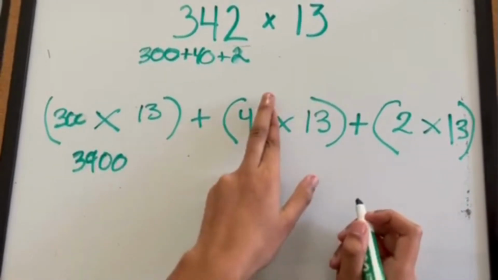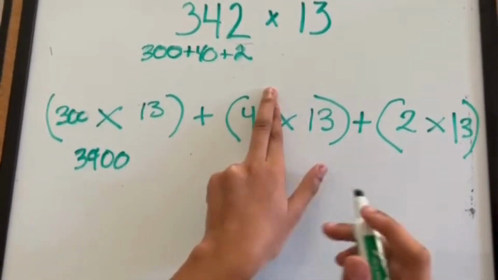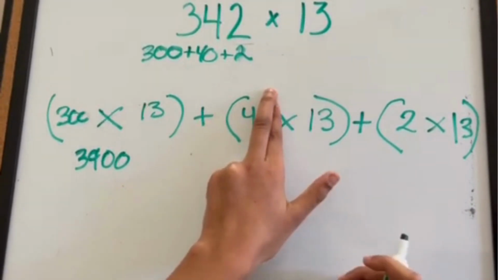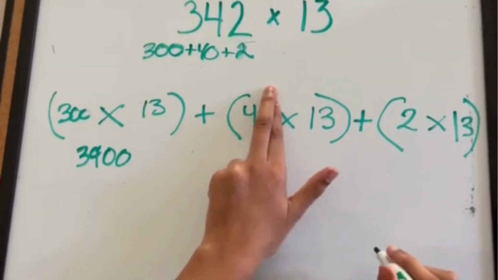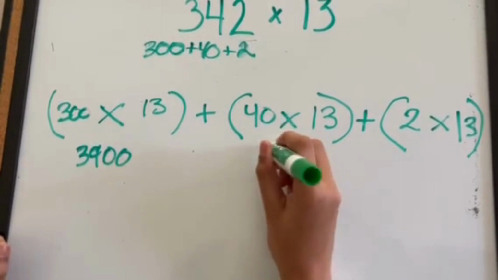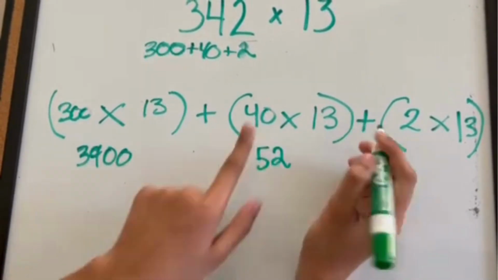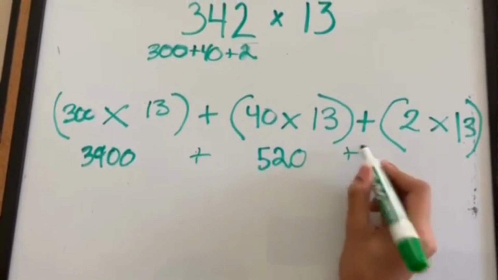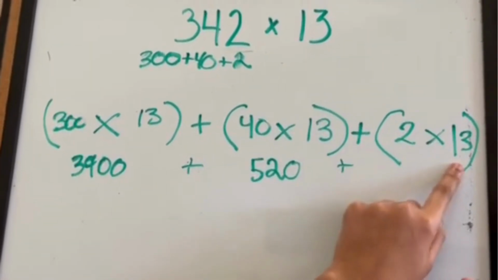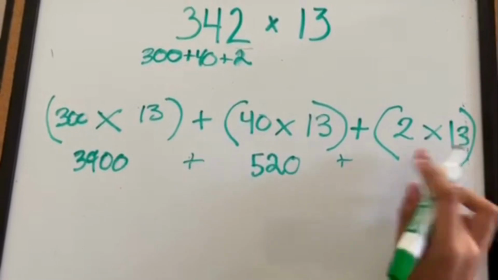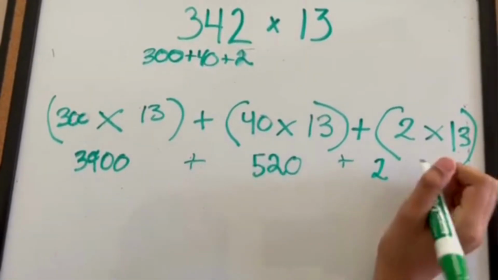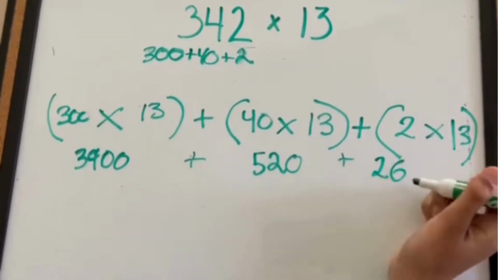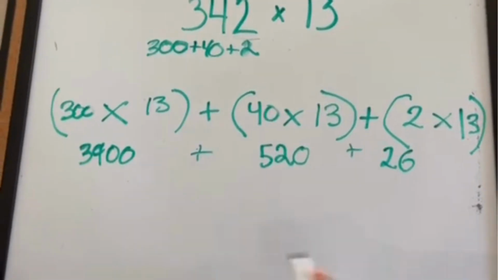If you cover up the 0, it looks like 4 times 13. If you don't know, 4 times 13 is 52. And if you add the 0 back, it's 520. Finally, we have 2 times 13. And if you don't know, 2 times 13 is 26. Now all we have to do is add.